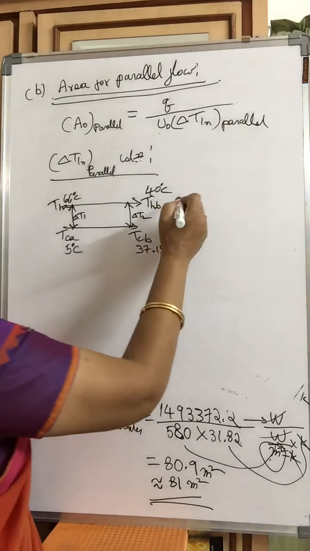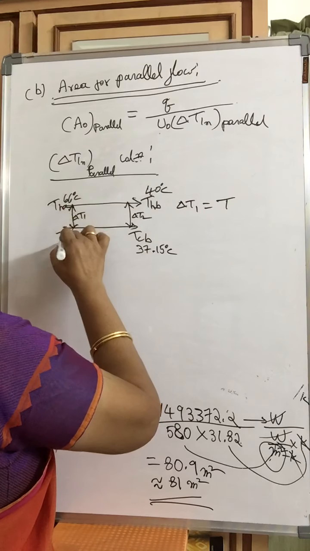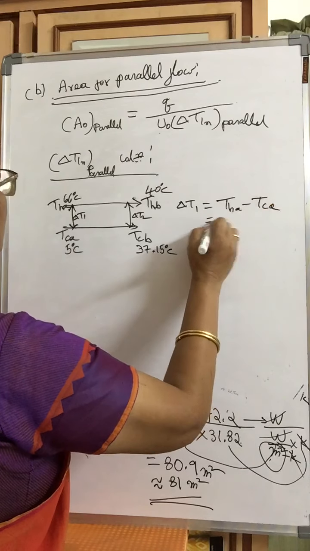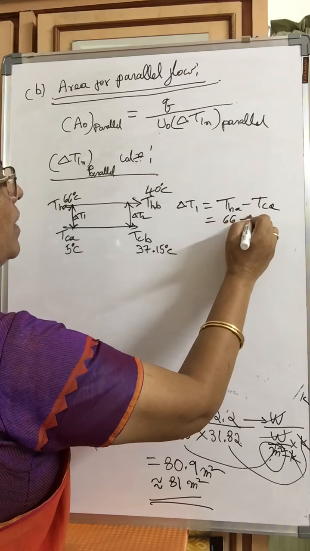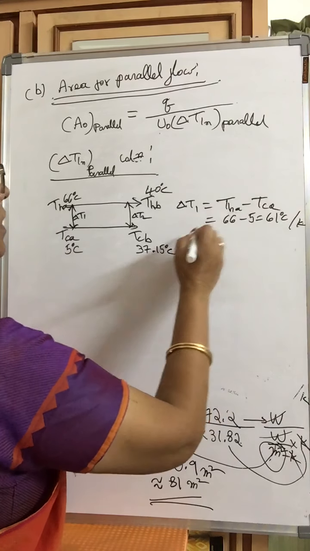Okay, so you can calculate what is delta T1, THA minus TCA, that is 66 minus 5, that is 61 degrees centigrade or Kelvin.